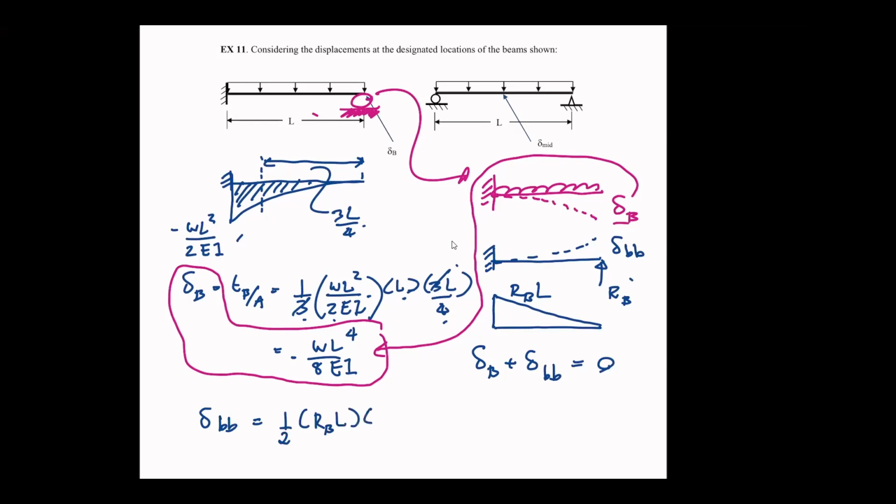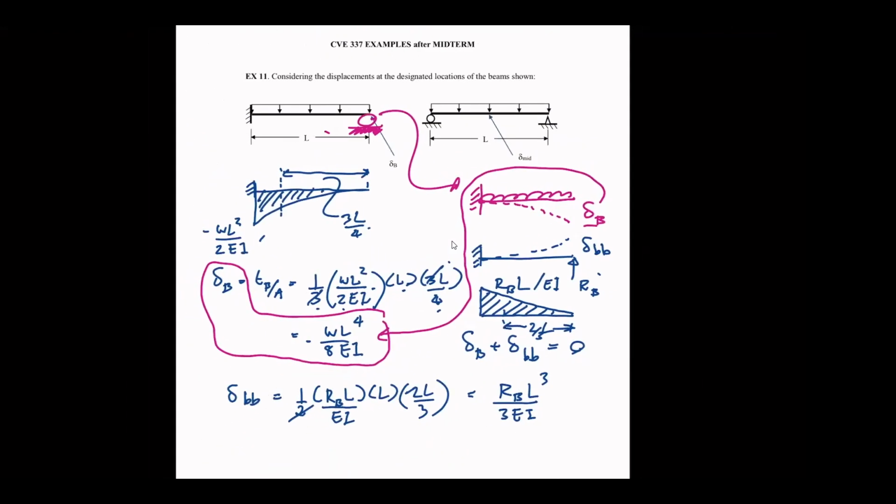And the base is L. We take the moment with respect to B. So the moment arm of this triangle is 2/3 of an L. So I multiply that with 2/3 of an L. 2's gone. And I should divide this by EI as well. So this becomes RB L cubed over 3EI.